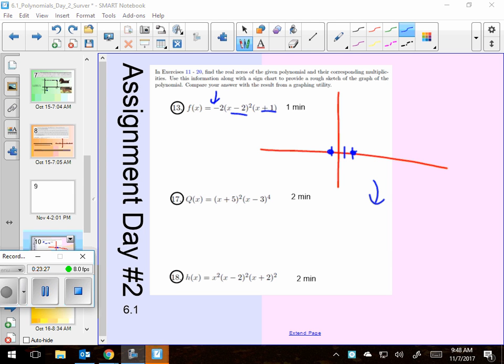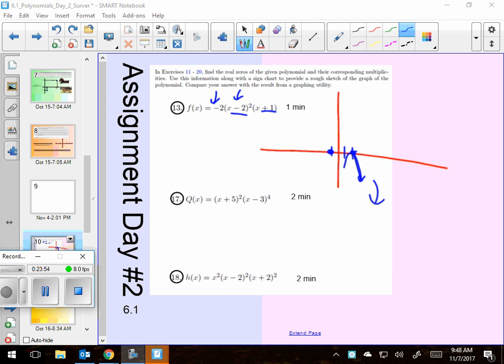The right side's got to be down, so you could start by putting a little tag in down there. I know it's going down, and that means when it comes out of this, it has to be going down. Tell me more. It's going to be bouncing at the 2 on the right side. Very good. So if it's coming out of this going down, it was bouncing off of that. Awesome.